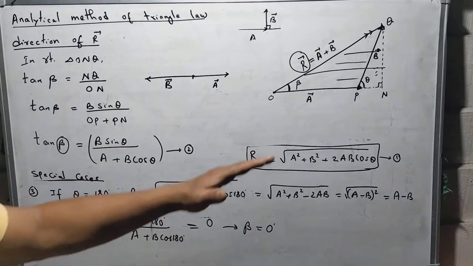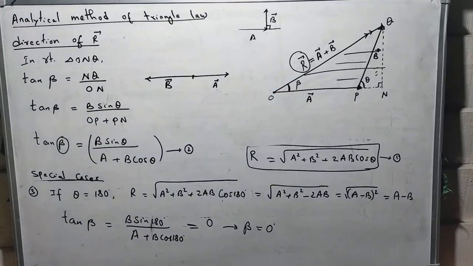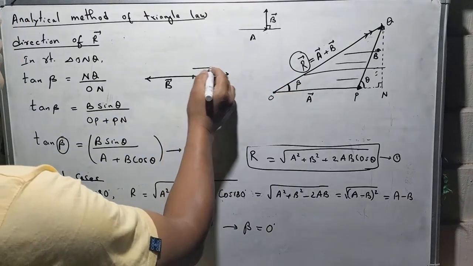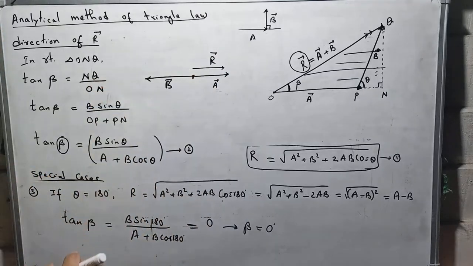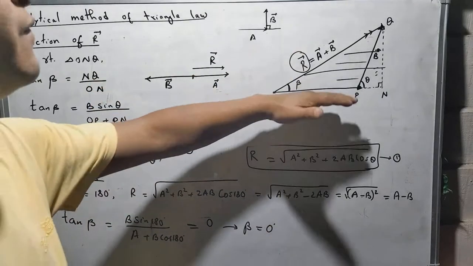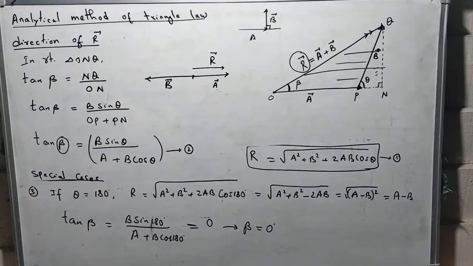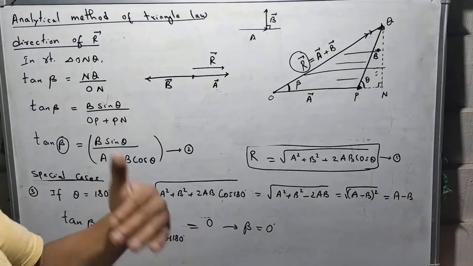Please note down, when beta equals 0 degree, it doesn't mean that the resultant is acting along vector A or vector B. But this resultant vector should be acting along the greater vector.